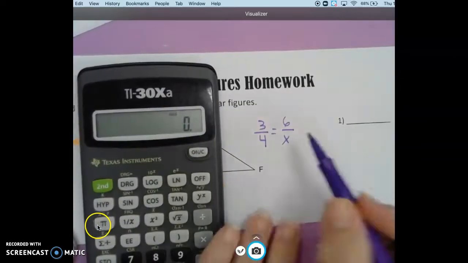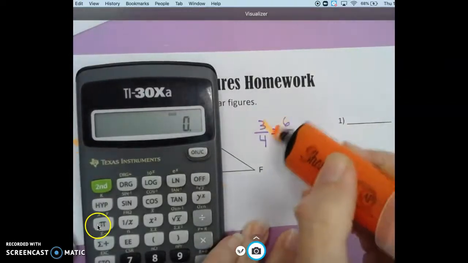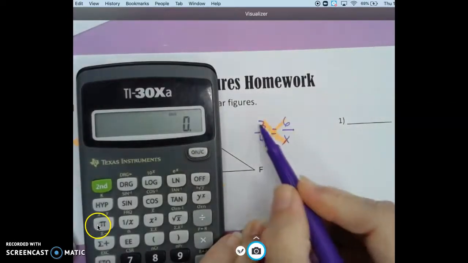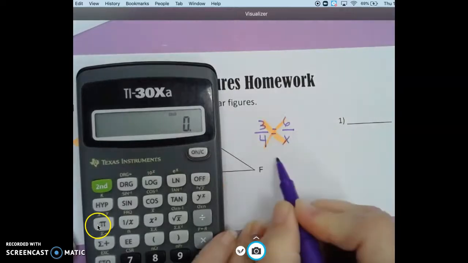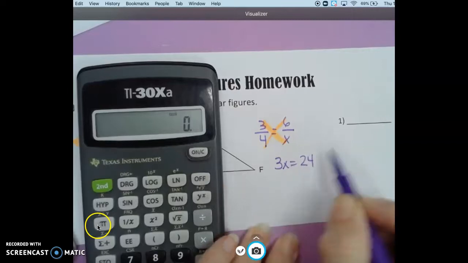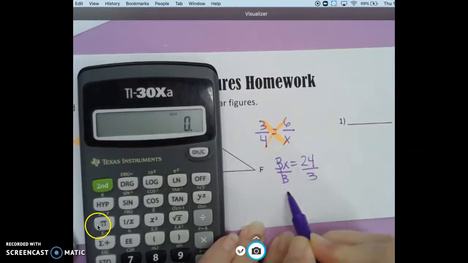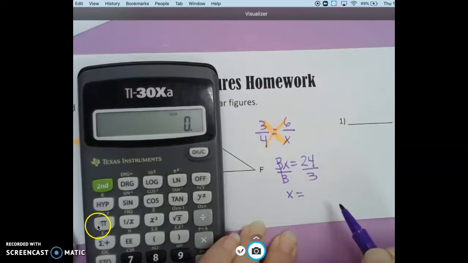So if I look at my diagonals again, remember I told you I always like to start wherever my variable is. So 3x equals 24. So if it's 3 times x, the opposite of multiplying is dividing. And we're going to divide both sides by 3. So then x equals 24 divided by 3, which is going to give us 8.